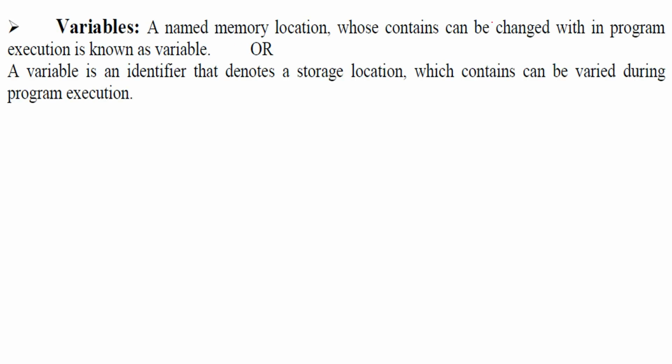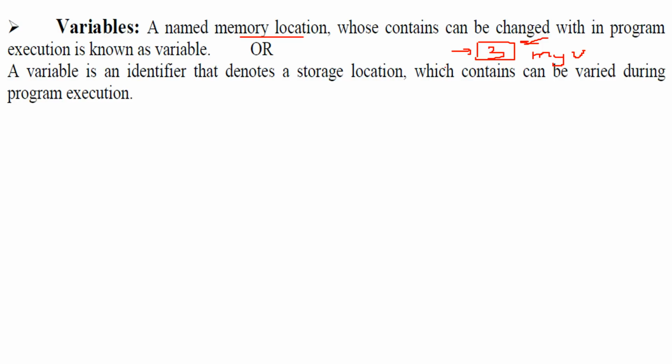Variables. Now, any location in memory is identified by a certain name. So a named memory location is exactly that, and the content of that name can change. Say I name this memory location my variable, my v. Now the value is not 2, it can be changed to 3.